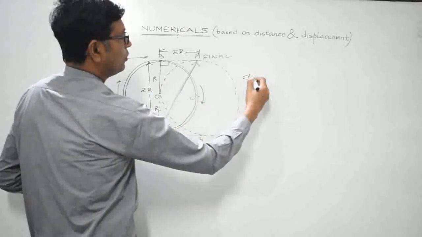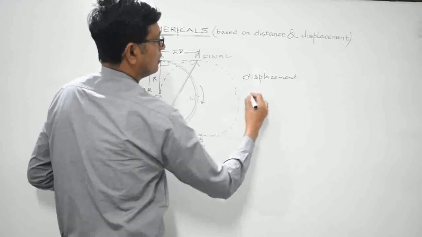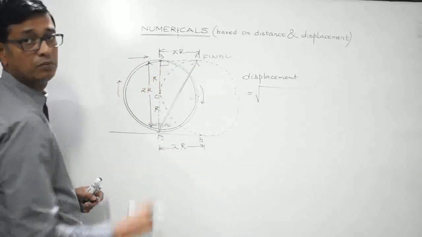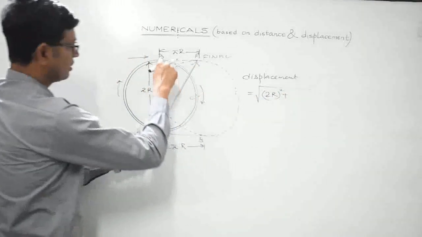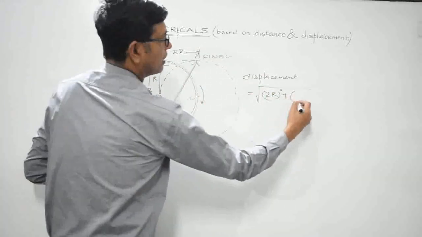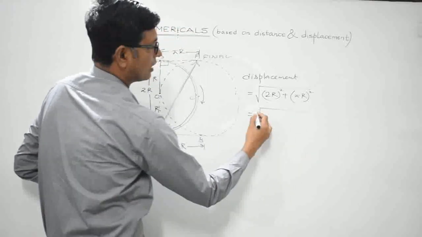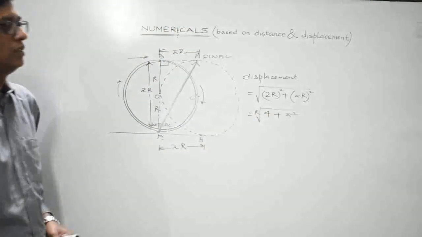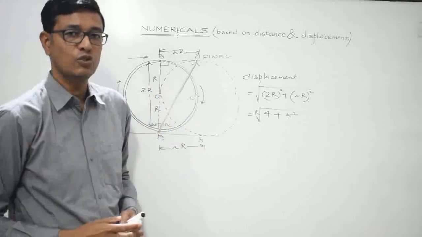So displacement would be square root of base square plus perpendicular square, that is, 2r squared plus pi r squared. So it is equal to r, which can be taken common, times square root of 4 plus pi squared. This is the answer. So this was again a very interesting question.